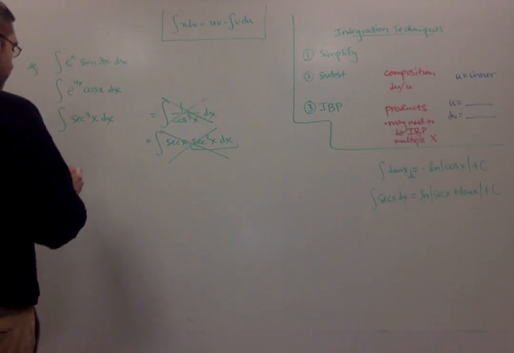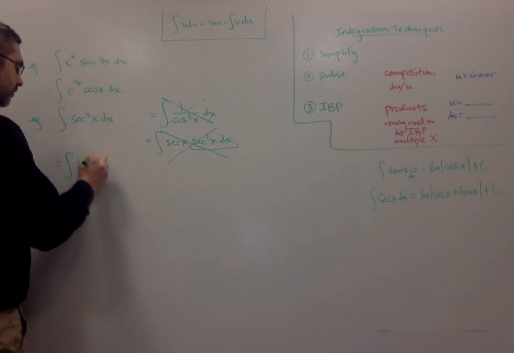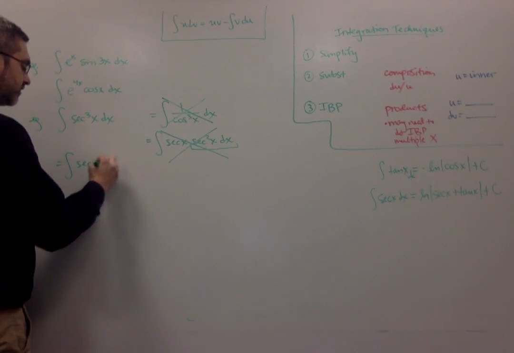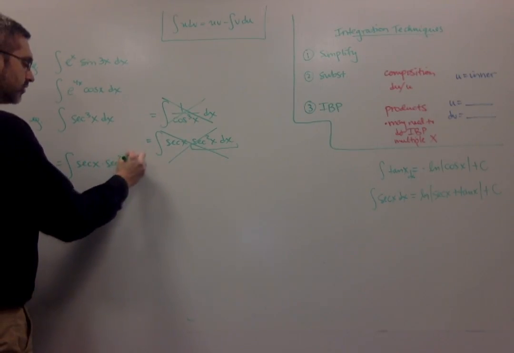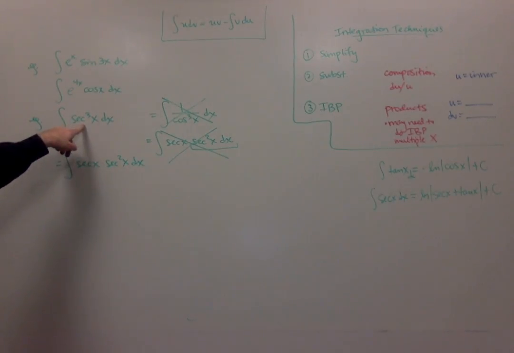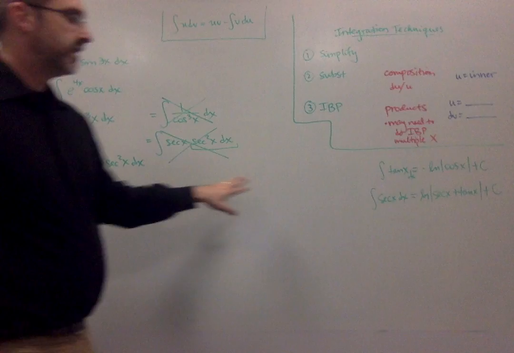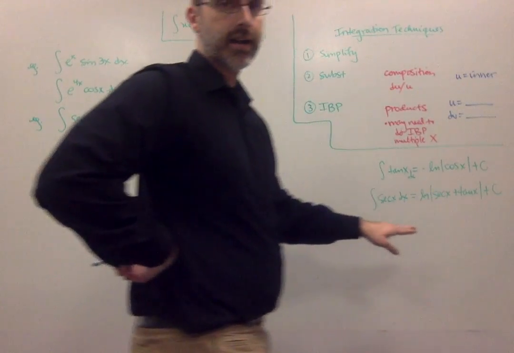Okay? And in order to do integration by parts, one portion of this I have to differentiate, and the other portion I need to integrate. Now, I can't integrate secant cubed. That's part of my problem here. I can integrate secant, but it's a mess. So I'm not going to integrate that.